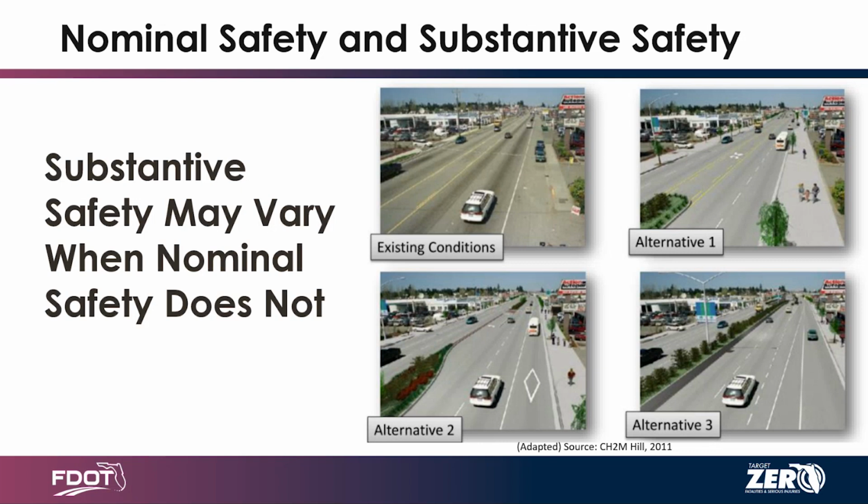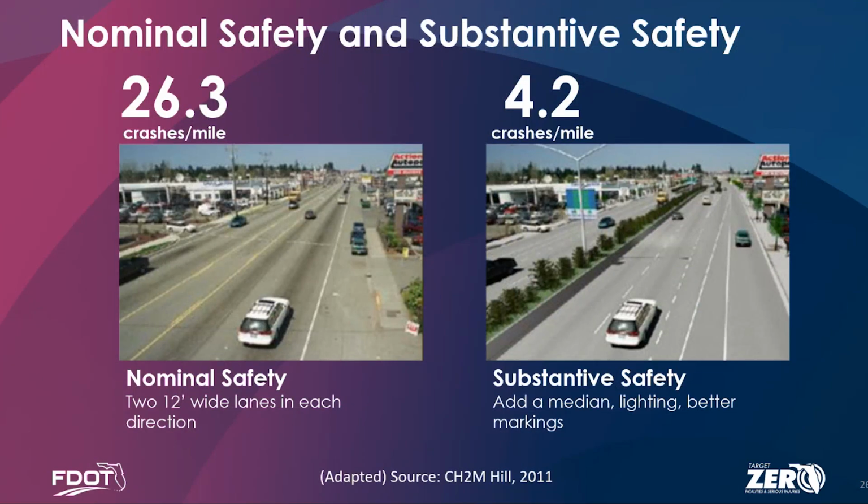So the idea is all of those are substantive safety versus the nominal. All of these are nominal safety. Substantive is getting into alternatives 1, 2, and 3. It's taking it a step further over the design standards. And you see it when you start looking at the predictive analysis.